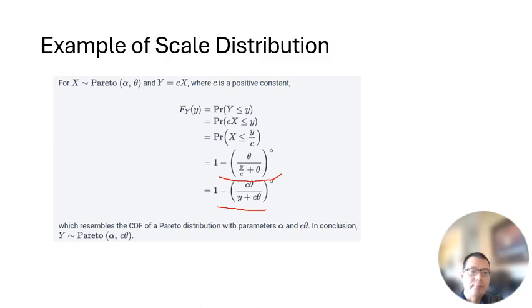Alpha is still alpha. That's why we say that Y is a scaled Pareto distribution, with parameters alpha and C theta. So in this case, we prove that the Pareto distribution is a scale distribution.